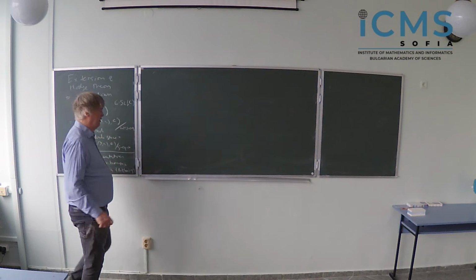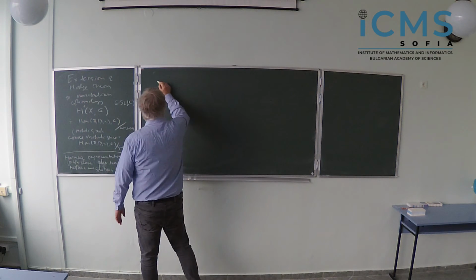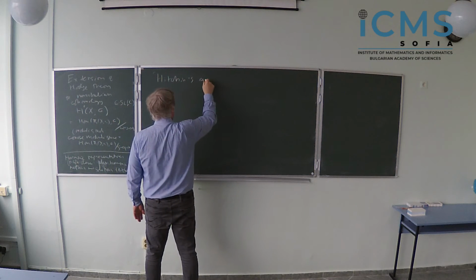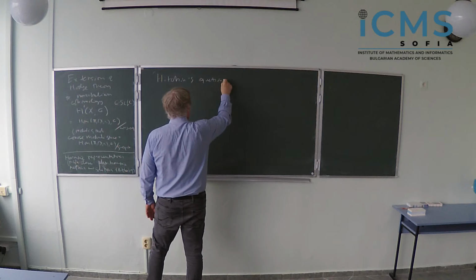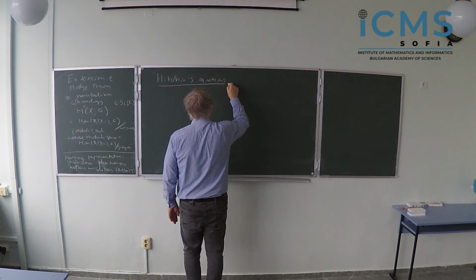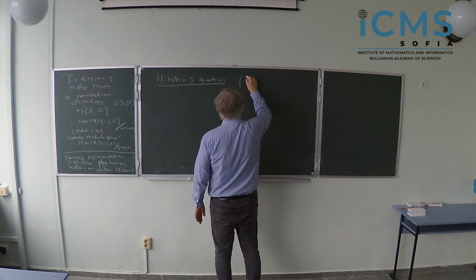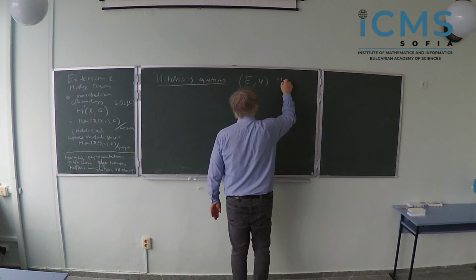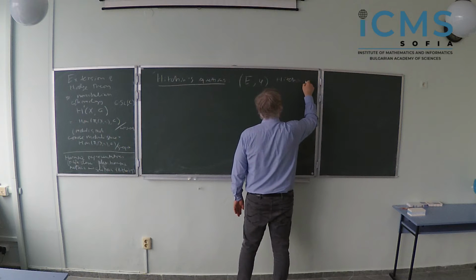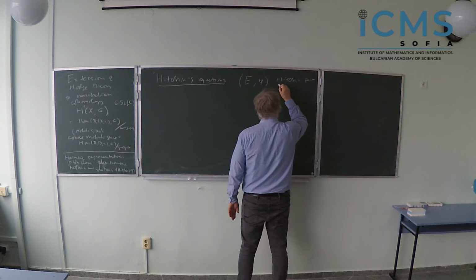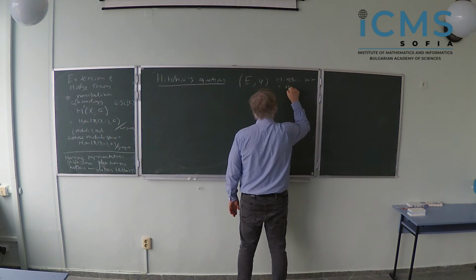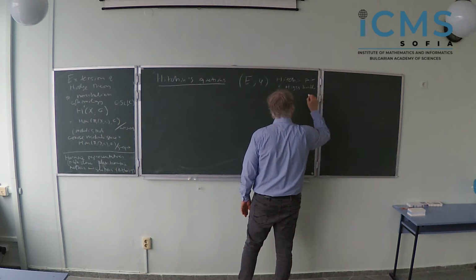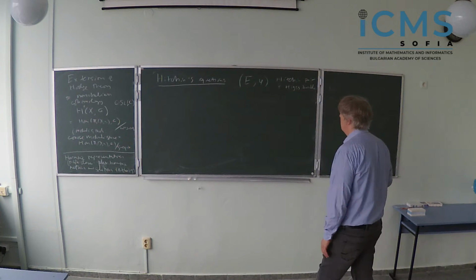So let's start with that. So as we were mentioning last time, Hitchin's equations. So we start with what you might call a Higgs pair, a Hitchin pair, or Higgs bundle. So what is that?